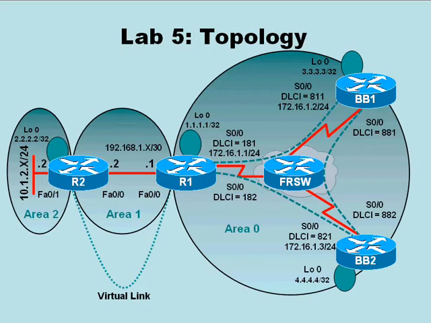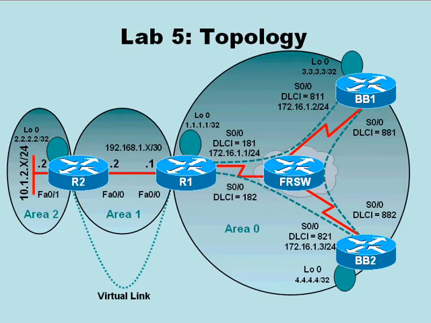Something else that has changed since the previous lab is that now routers R1, BB1, and BB2 are now part of a non-broadcast frame relay network. Specifically, instead of using sub-interfaces as we did previously, now router R1 is connected into the frame relay cloud via its serial 0/0 interface, the physical interface rather than the sub-interfaces.